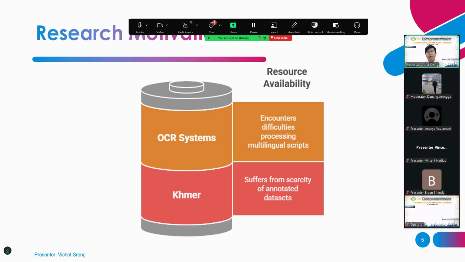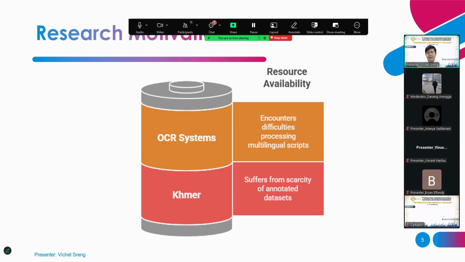This is one of the main motivations behind our research: the limited resources available in OCR systems, particularly for underrepresented languages like Khmer. Technology still encounters significant difficulty when processing multilingual scripts.